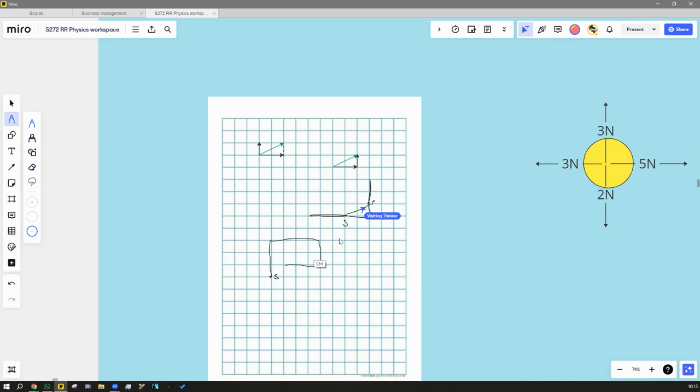Okay, let's try that again. So 3 up, then 5 right this time, and then 2 down, and then 3 to the left. So this is my end. And once again, I have the same answer.